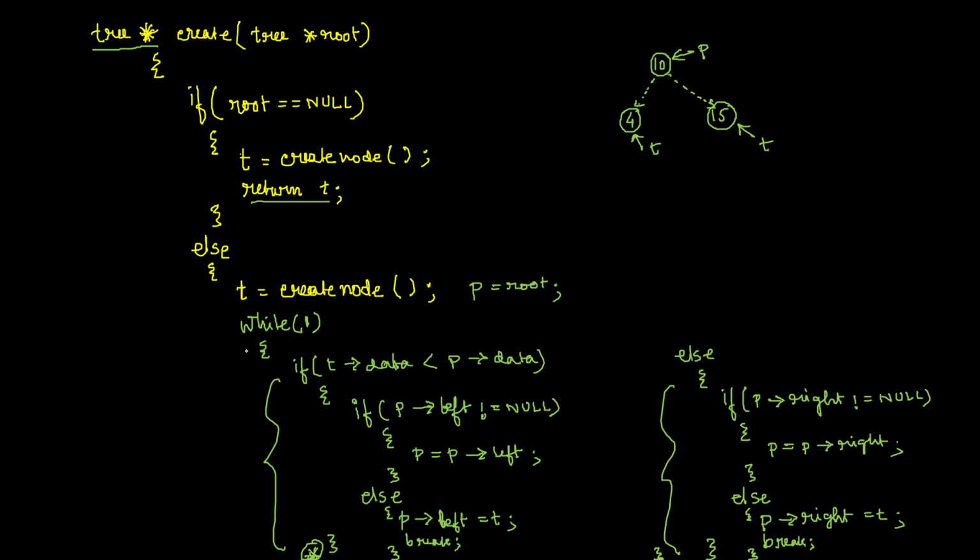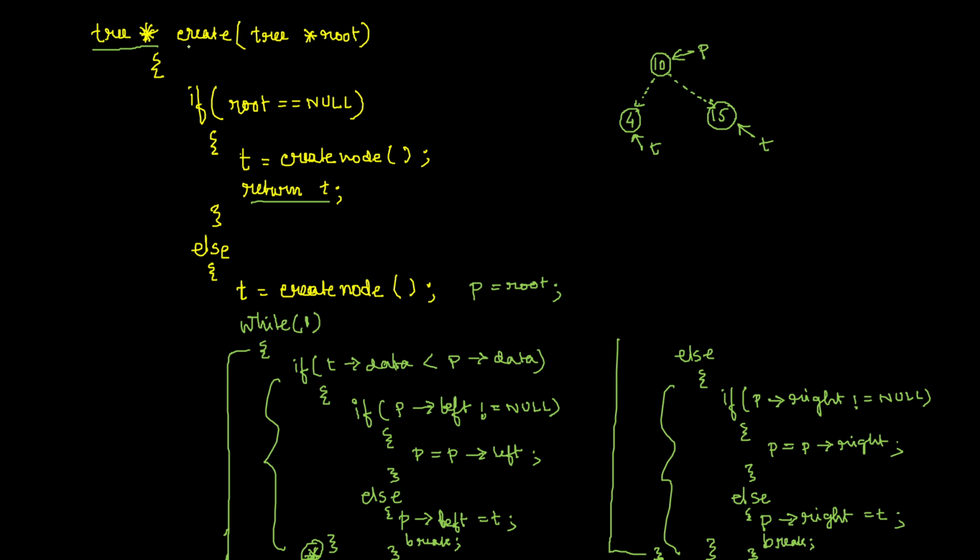My loop will start from here, and it ends here, and everything is under this else, and then this create function will complete. So this is our approach of writing the create function for creating a particular tree.